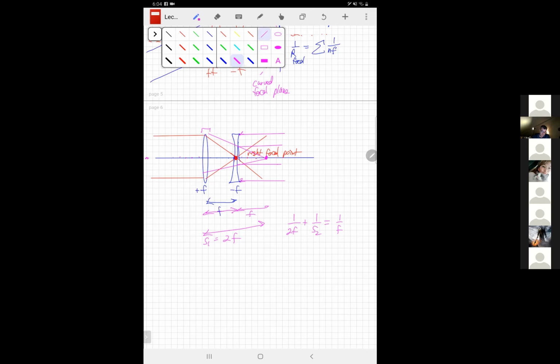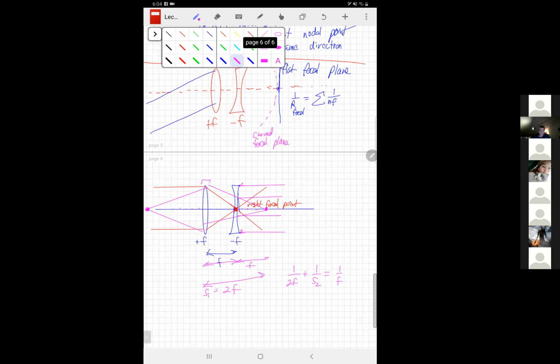So it looks like the left focal point is there. Now, that's where the left focal point is. Where do you think the nodal points are?